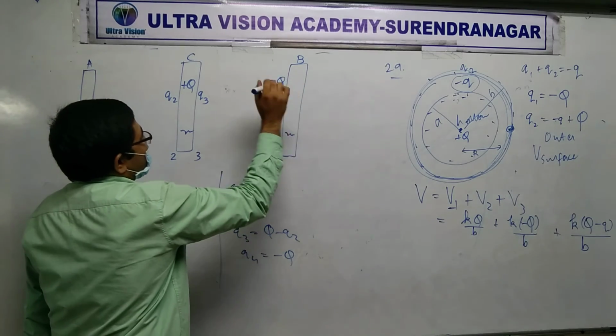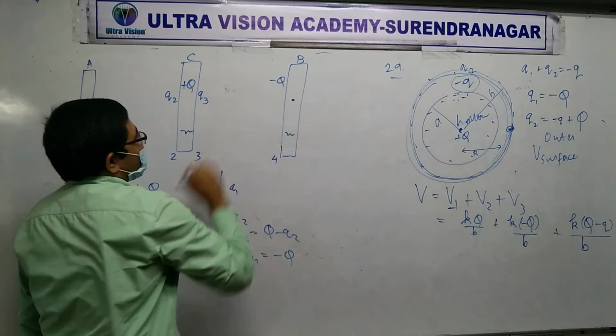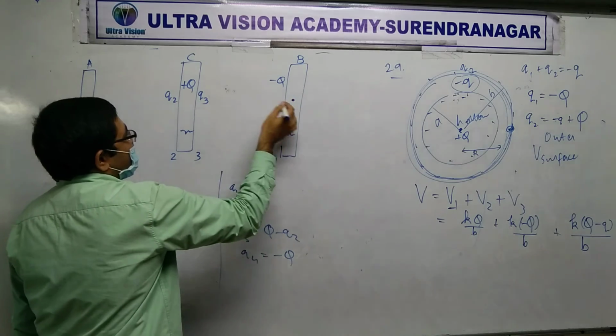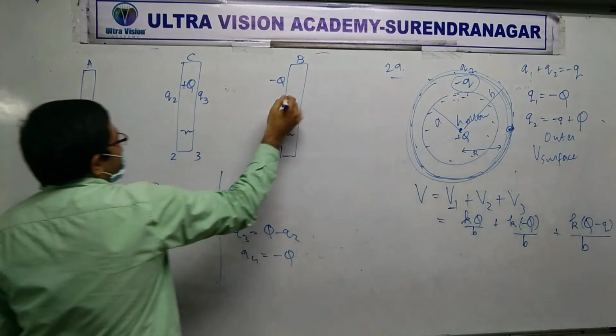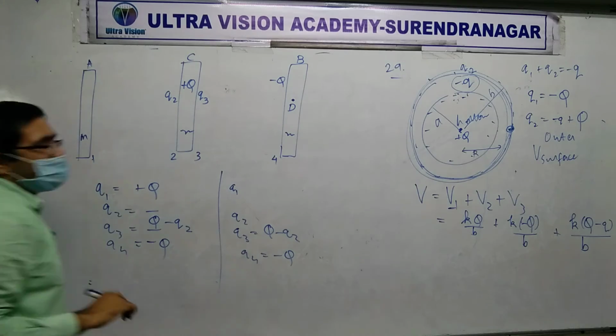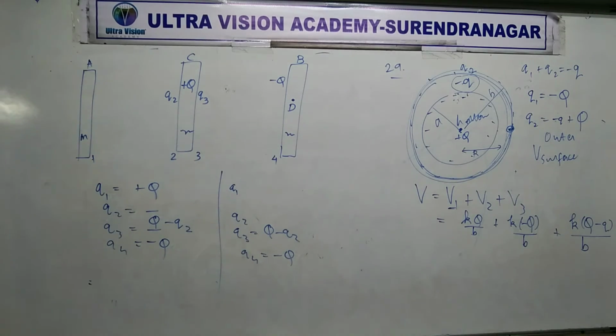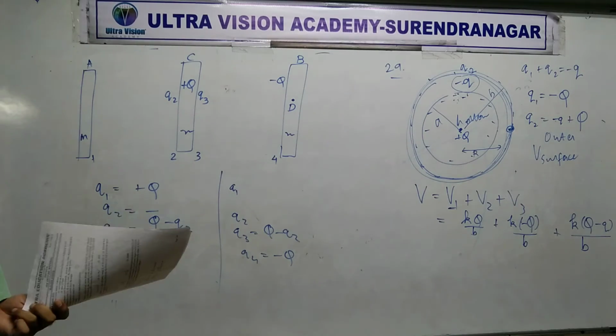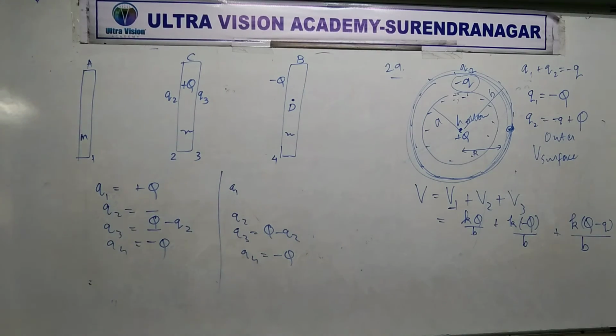But suppose I take one point here inside this plate, let's call it D. What will be the electric field at D? Zero.